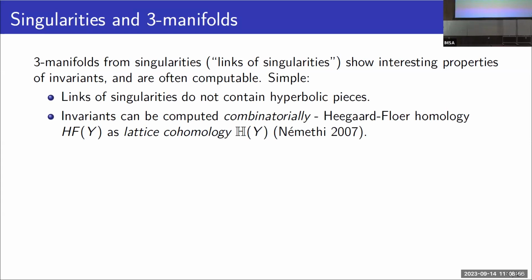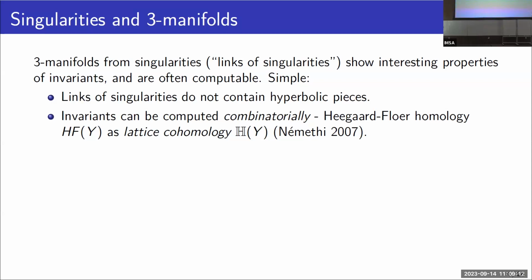So in that sense, they are very special, because the generic ones are hyperbolic. But as I said, the big advantage of these 3-manifolds is that the invariants can actually be computed in a combinatorial way.